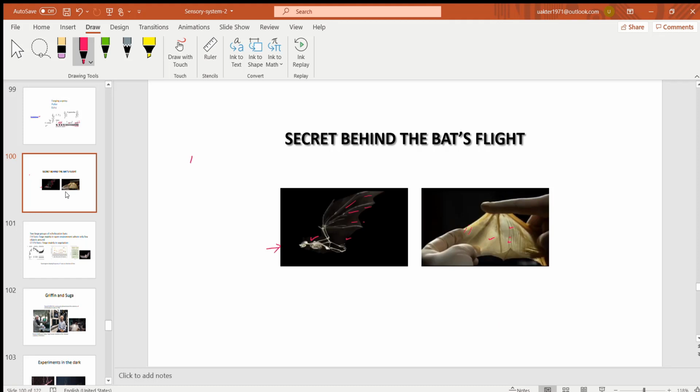And he was very excited because he first discovered that bats use high frequency sound for echolocation, and that's why we didn't hear that sound.